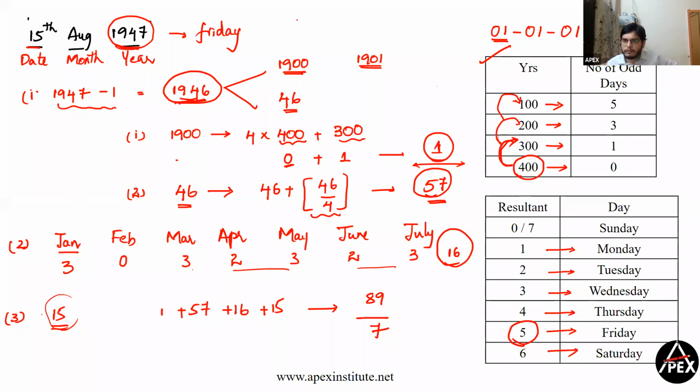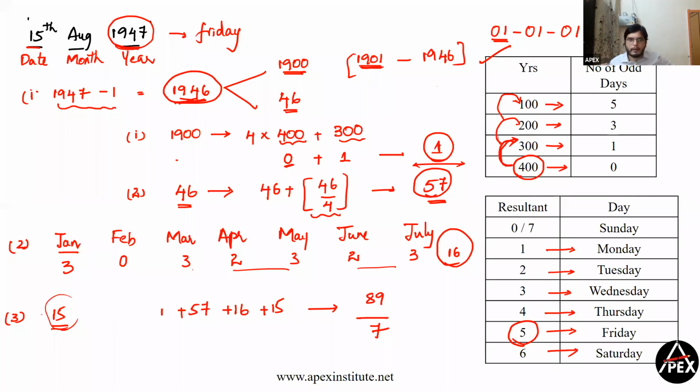Is it clear up to here, or any doubts? Any doubts, guys? Because we are calculating the number of odd days from 1901 to 1946. This is next to a century year, so we can apply that formula.